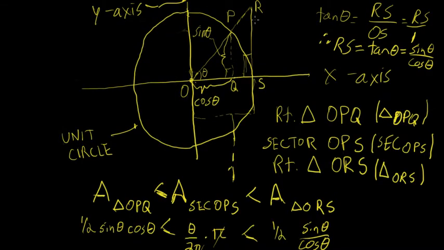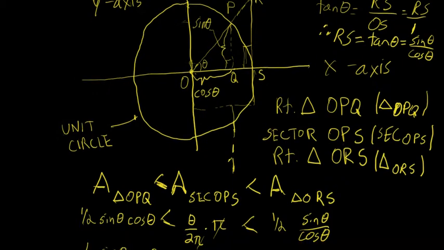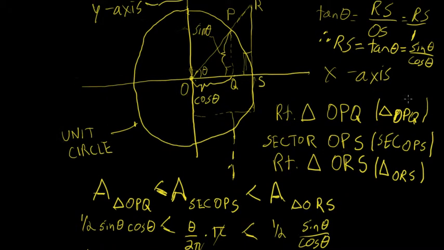So back to our original diagram, we said that the area of this triangle was 1/2 sine theta cosine theta. The area of this sector, OPS, is theta over 2. The area of this big right triangle, ORS, was 1/2 sine theta over cosine theta. That's if theta is positive.